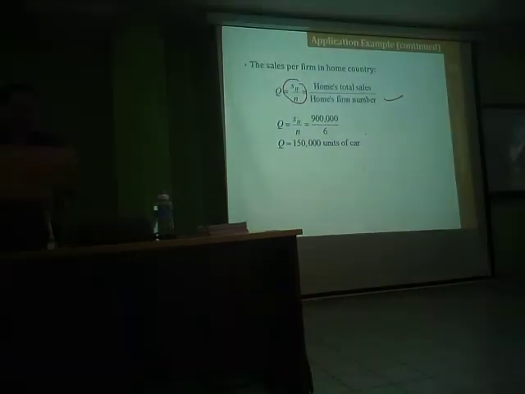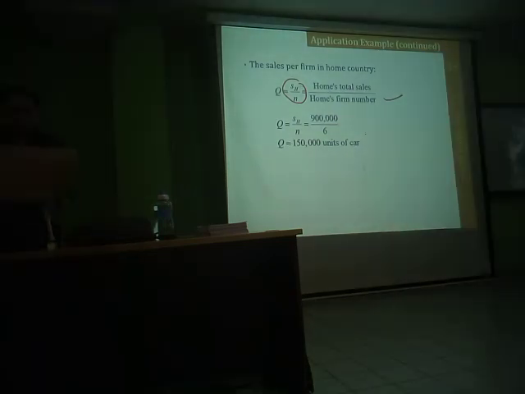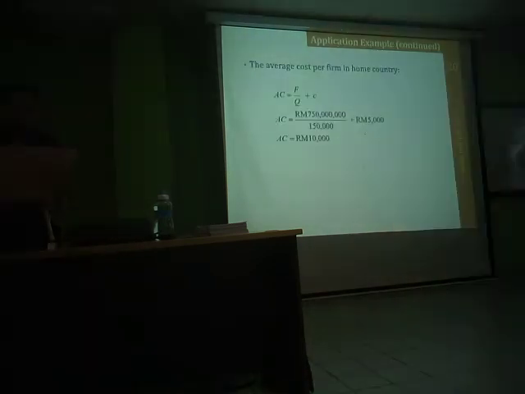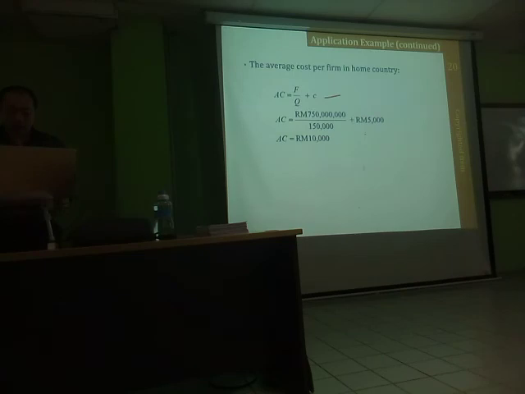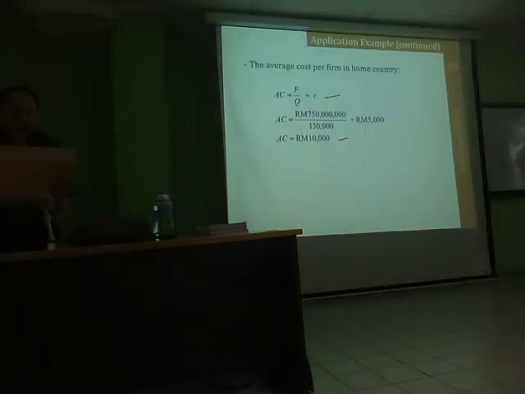Okay, this one, S over N. What is this again? The market share. Okay, you just use the values given here, use these formulas, you get the market share. And for average cost, this is what I demonstrated to you just now. Apply the same, with the values given, you get the average cost.